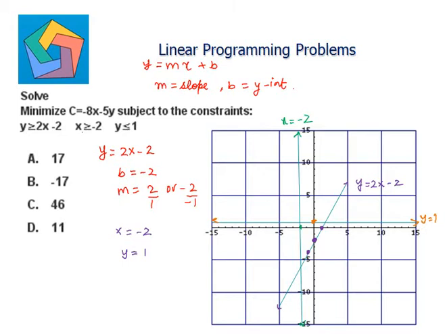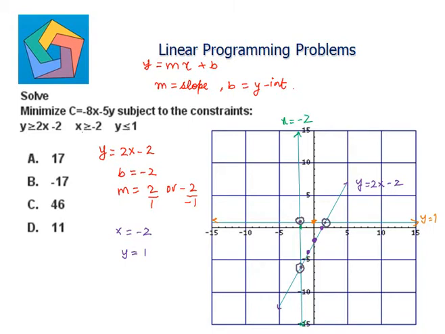Now these lines, or the graphs of these lines, are meeting at these points. These are known as corner points, or also boundary points.